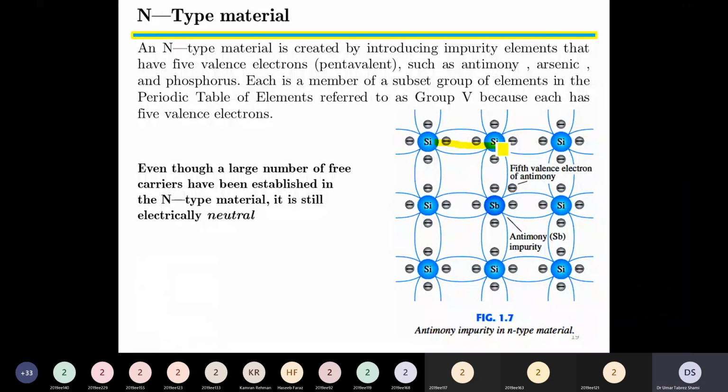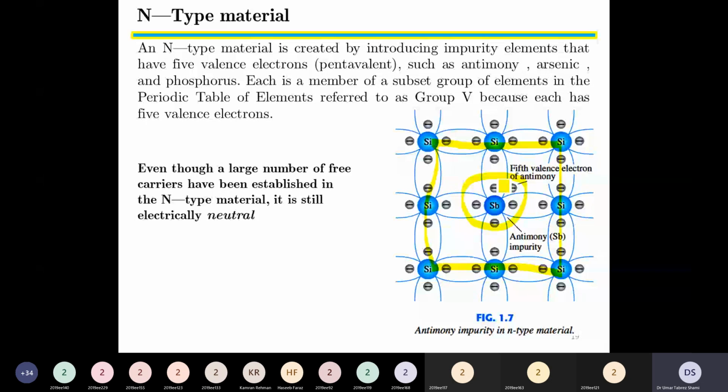So in this diagram, figure 1.7, we see silicon atoms that are surrounding an antimony atom. The antimony atom has 5 electrons in the outermost shell.